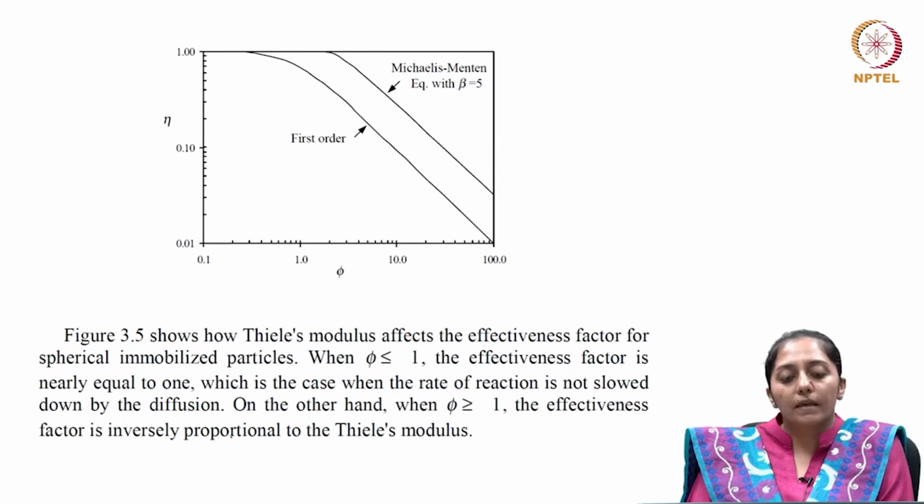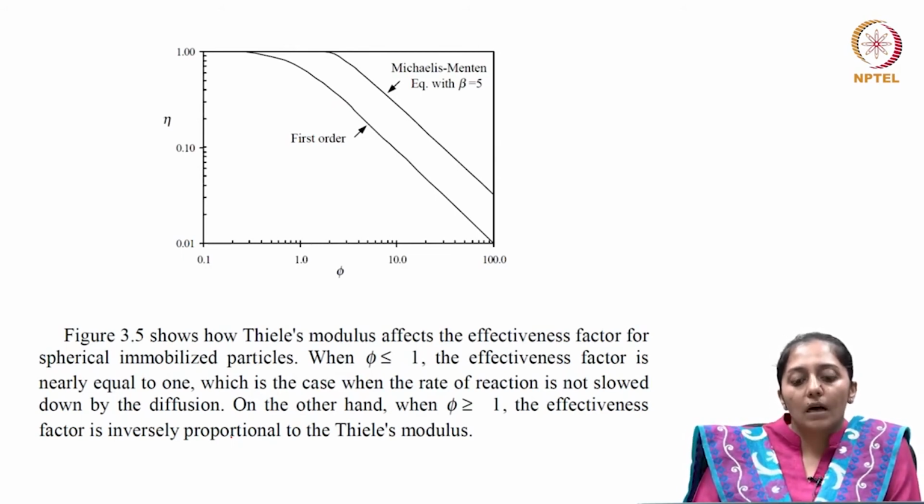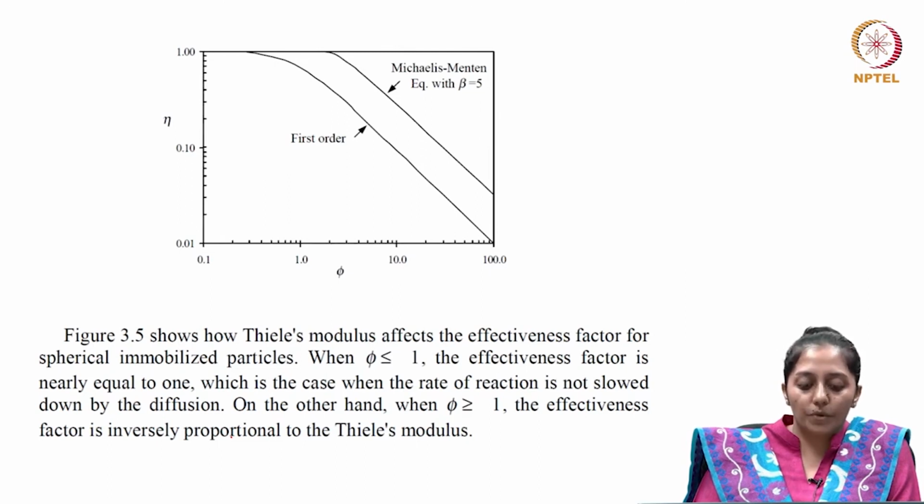And now, if we try to visualize how Thiele modulus can affect the efficiency of the immobilized system, what we can find is that for different types of reaction kinetics, when the value of phi is less than 1, the effectiveness factor is nearly equal to 1, which is the case when the rate of reaction is not getting slowed by the diffusion process.